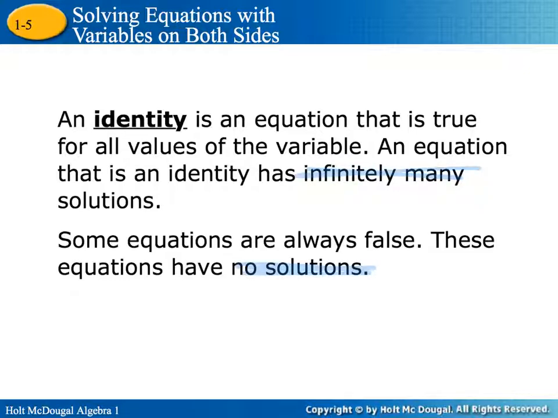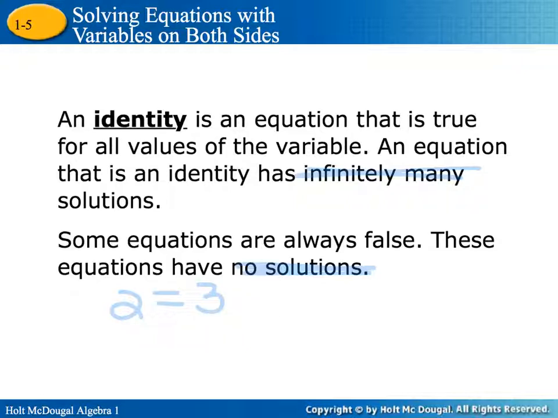What's going to happen is the variables are going to cancel out. When the variables cancel out from both sides, if you're left with a number equaling itself, that's when you're going to have infinitely many. But if you get something that looks like nonsense, like 2 equals 3, if you're left with this in your problem, that's never going to occur. So that's when the situation would be no solution.